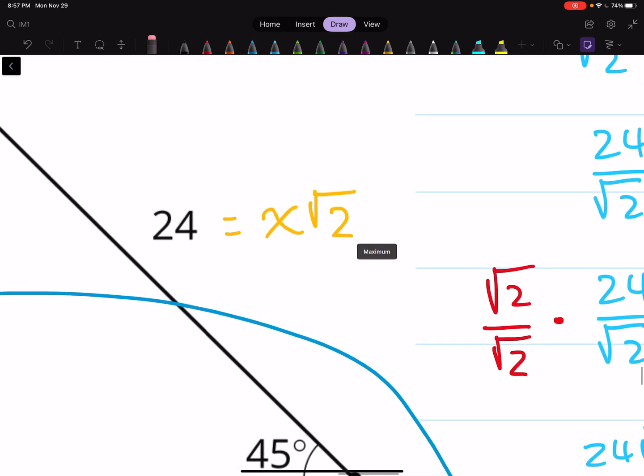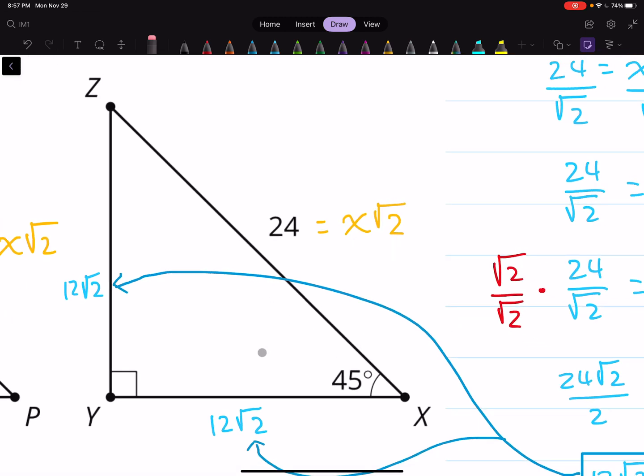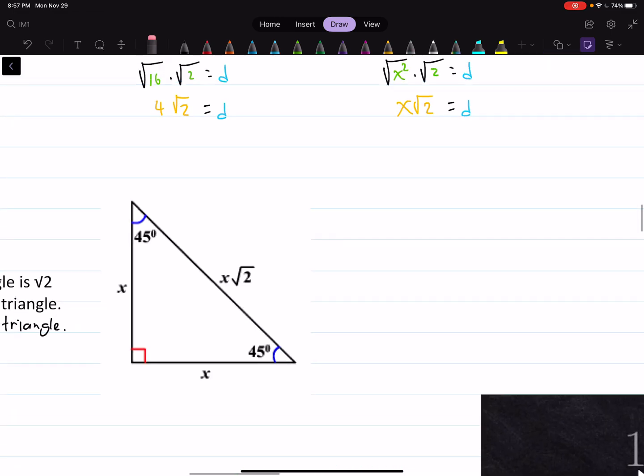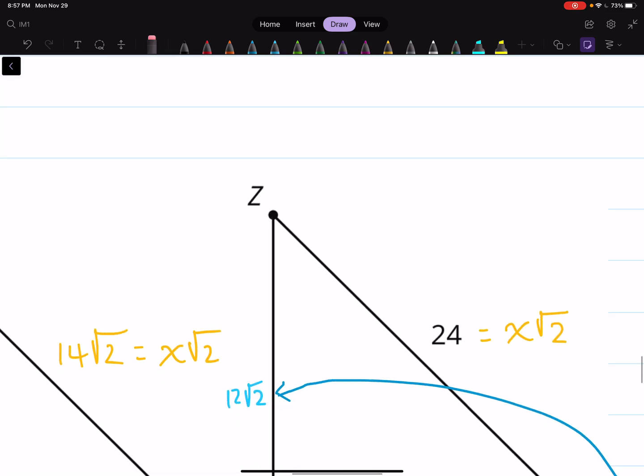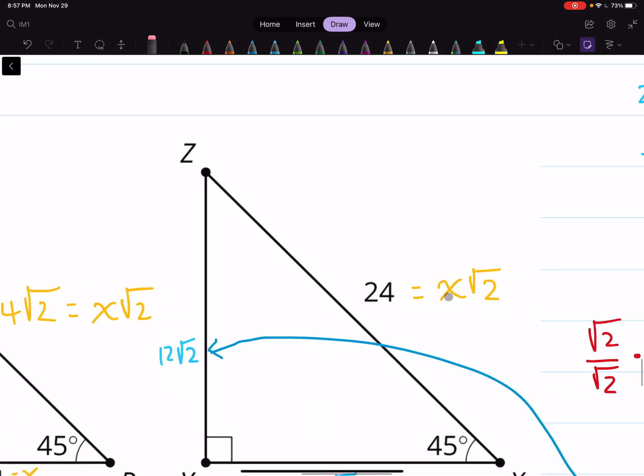So we know that this length right here is the hypotenuse. And the hypotenuse is equal to x square root of 2. You see this x square root of 2? So the hypotenuse, 24, is equal to x square root of 2.